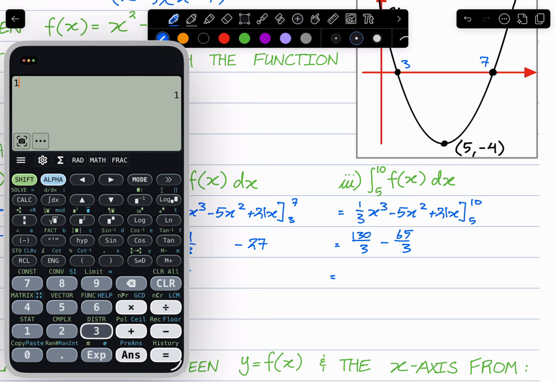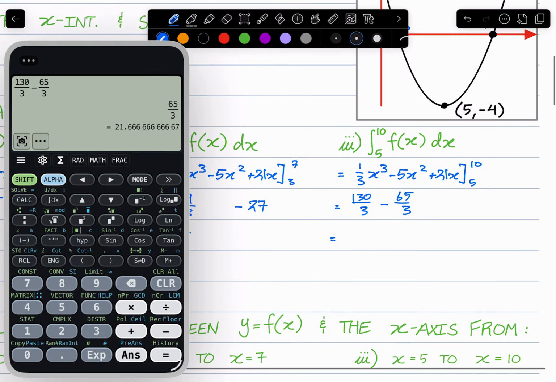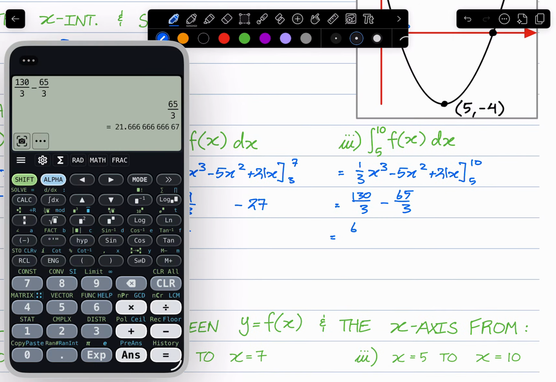So 130 on 3 minus 65 on 3, we get 65 on 3.